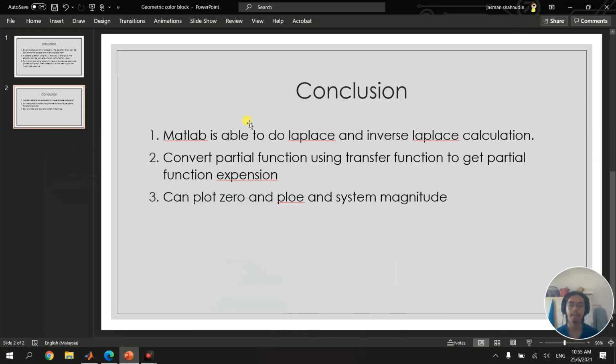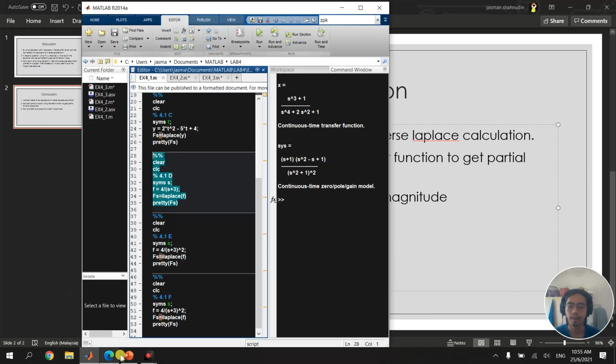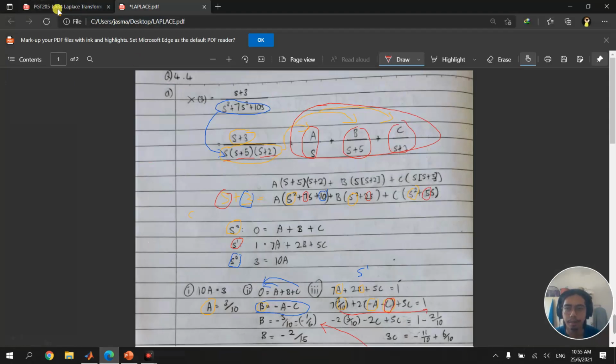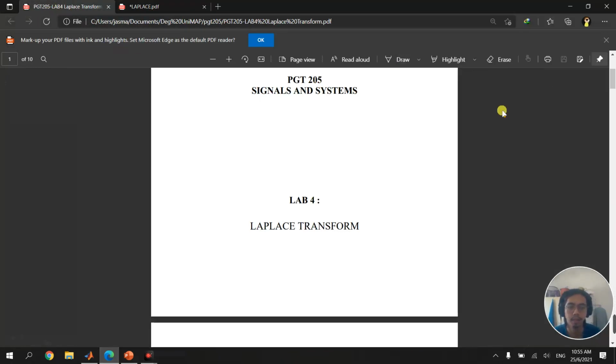And then, in conclusion, MATLAB is able to do Laplace and inverse Laplace calculation, and secondly, able to convert partial fractions using the transfer function to get partial fraction expansion. And then finally, it can plot zeros and poles and the magnitude response for us to see. Okay, that's all from me on Lab 4 in Laplace transformation. Thank you.